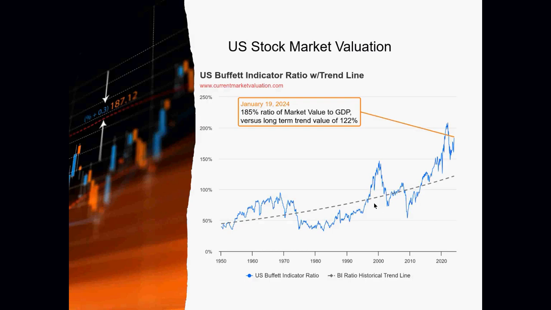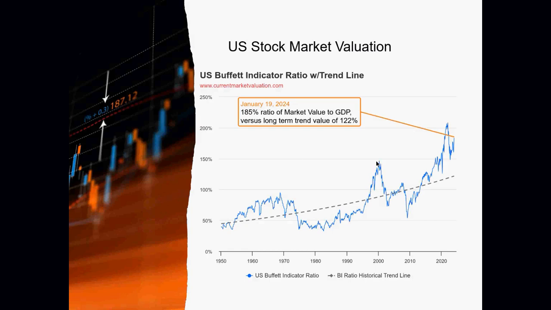Now, we've got some extremes, as you can see in 2000 and then 2020. So, for example, in 2000, the indicator nearly reached 150% of GDP.